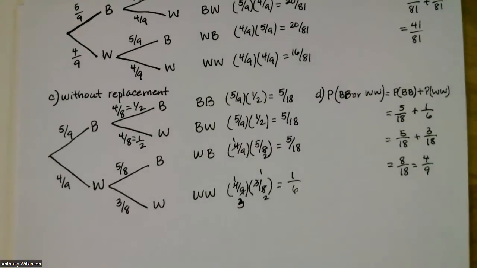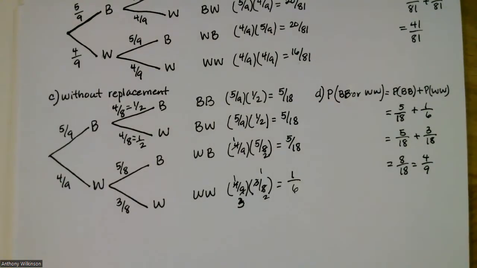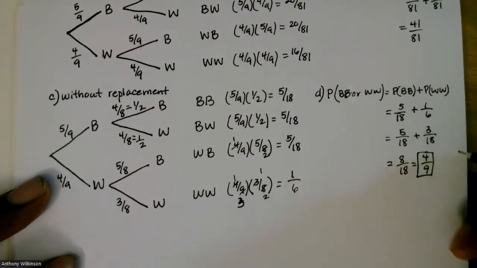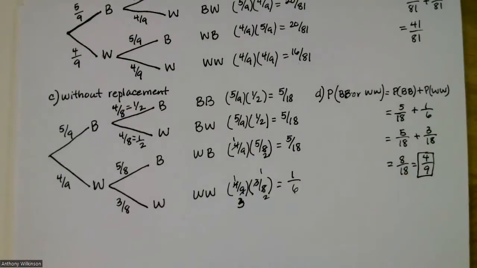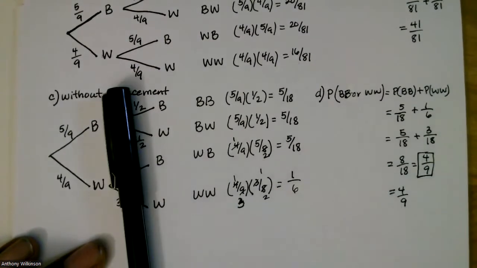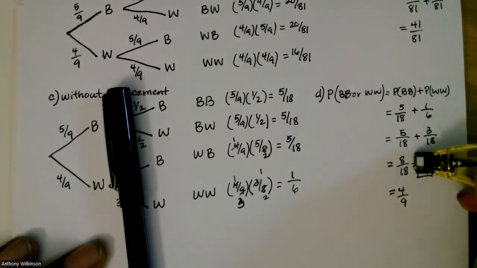So the probability of the event that the two balls are of the same color will be 4/9. So this right here represents the final answer. Let me go ahead and box that in. Or better yet, I can put this on the next line, if that's confusing.